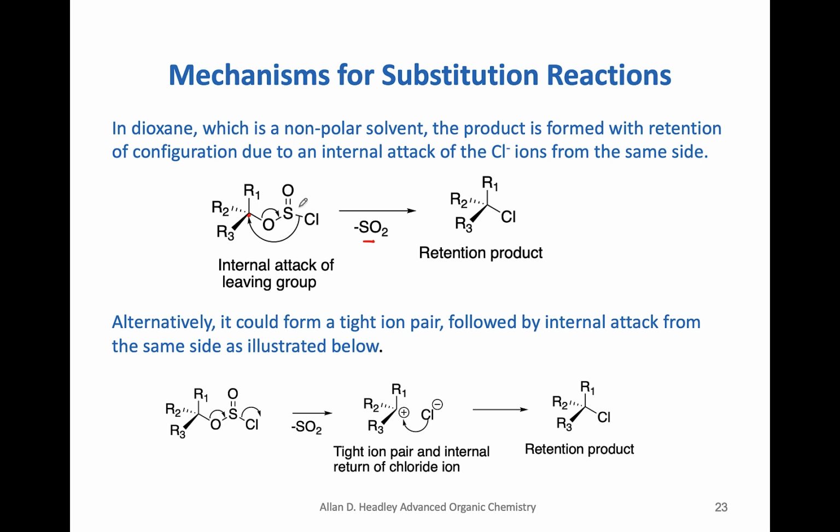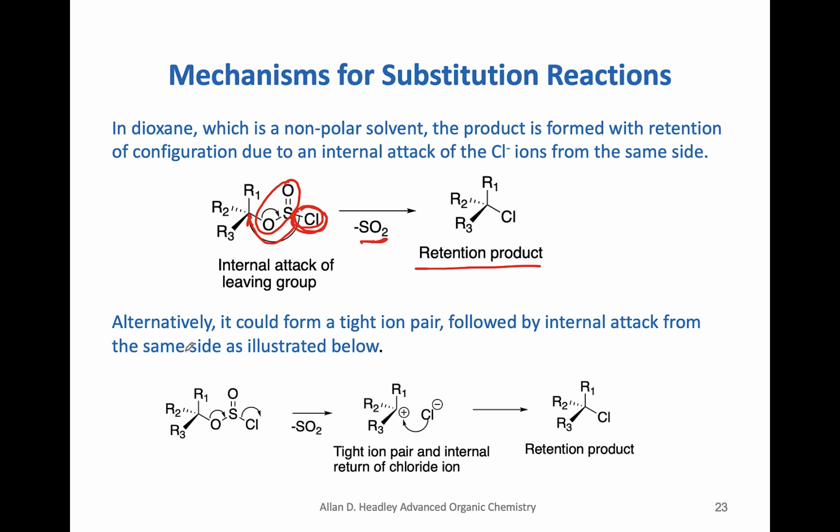Since this is a good leaving group, the carbocation may not necessarily form, or the instant it is formed, this chloride ion here with its electrons comes in from the same side to give the retention product.